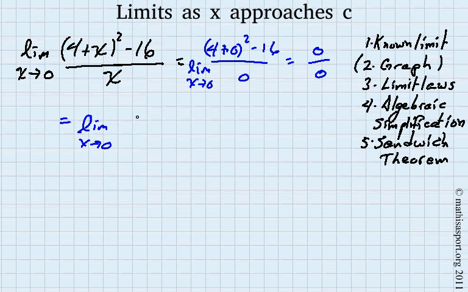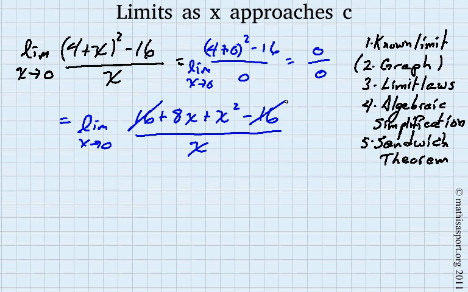Limit as x approaches 0 of 16 plus 8x, that's adding 4x to 4x, plus x squared minus 16, all over x. Our 16s cancel each other out. We're left with a limit as x approaches 0 of 8x plus x squared over x. We can factor out an x from the numerator.